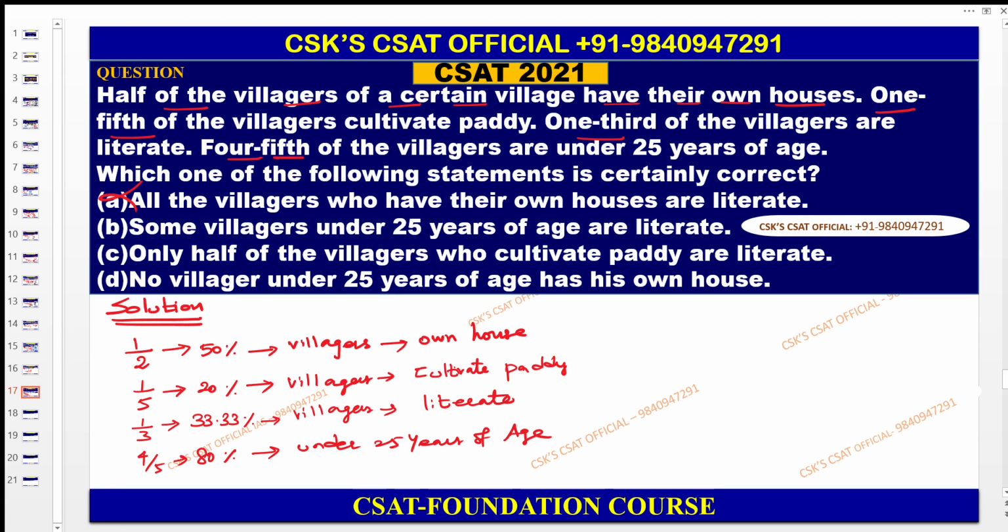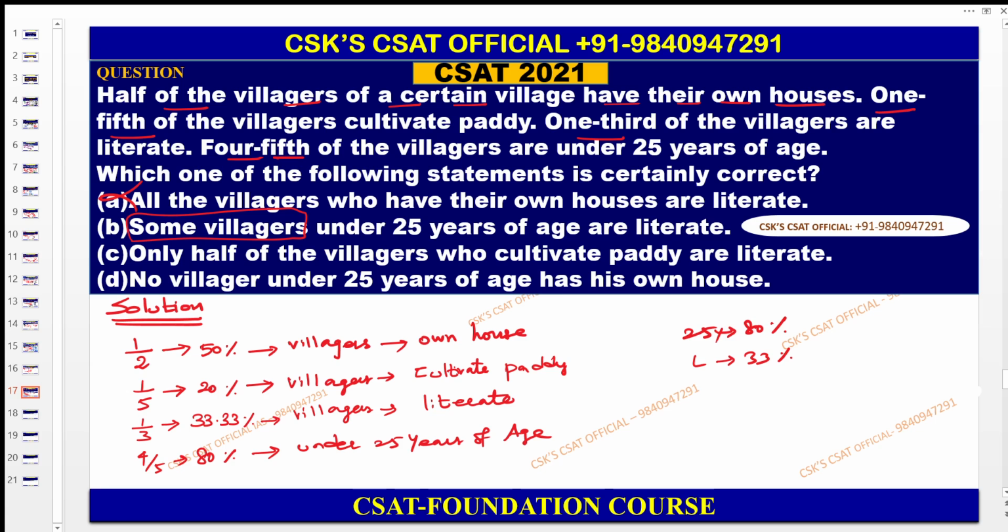Literate here is 33.33%, and 80% are under 25 years of age. Therefore, they said some villagers. Yes, this is possible.